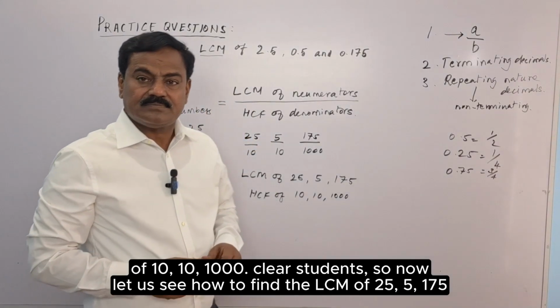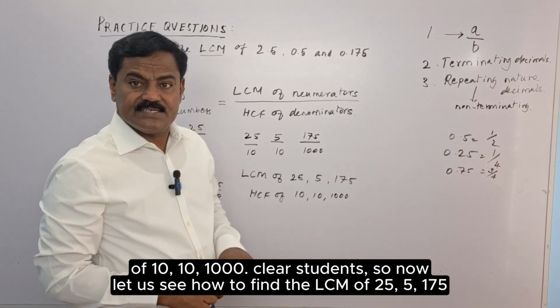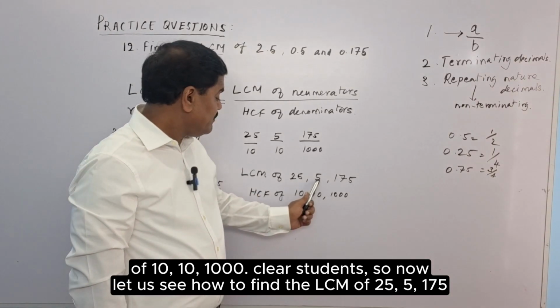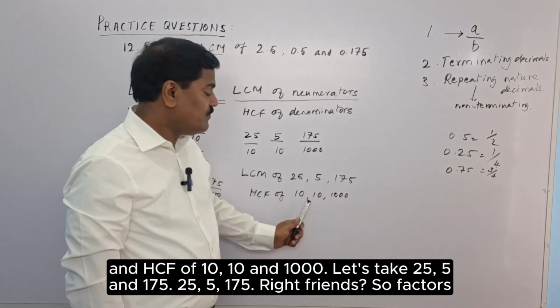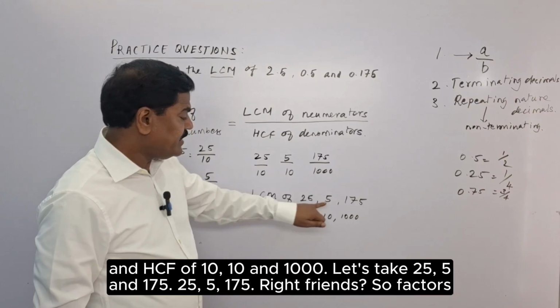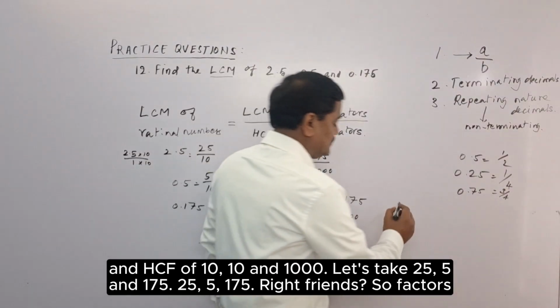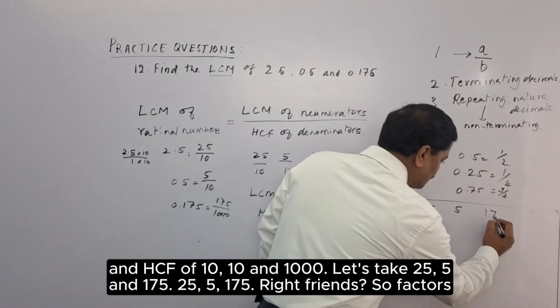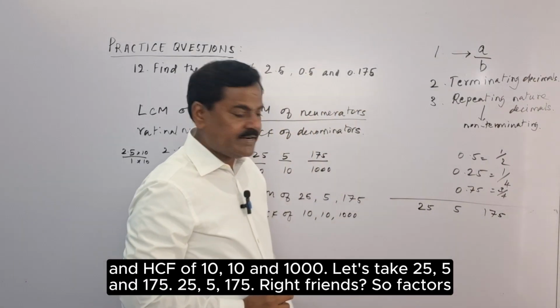Clear, students? So now let us see how to find the LCM of 25, 5, 175 and HCF of 10, 10 and 1000. Okay, let's take 25, 5 and 175. Right, students?